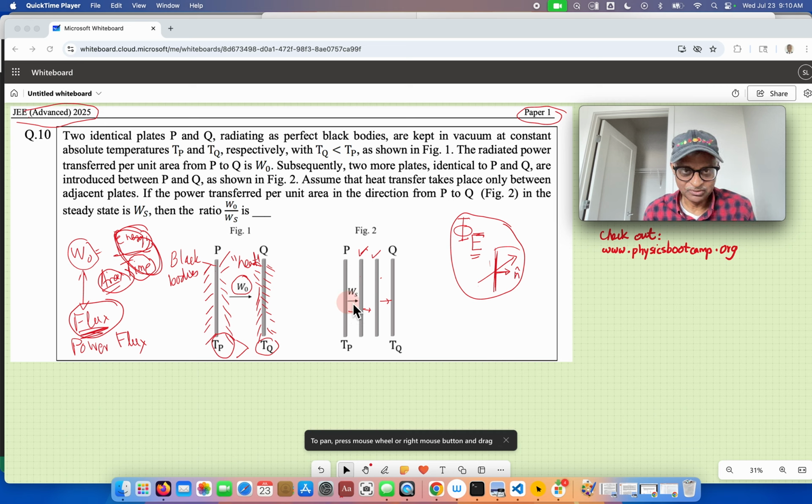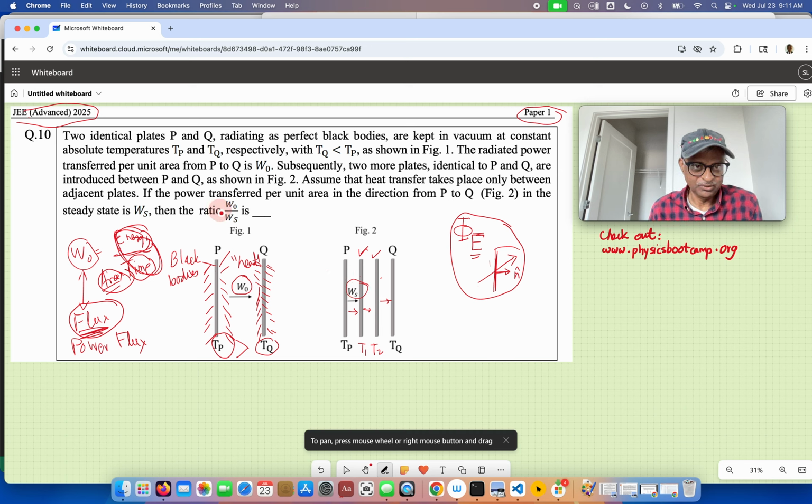Now if you place plates whose temperatures are not known, say this one is temperature T1 and this one is temperature T2, energy transfers from here all the way there. The question is, what is the transfer between these plates?